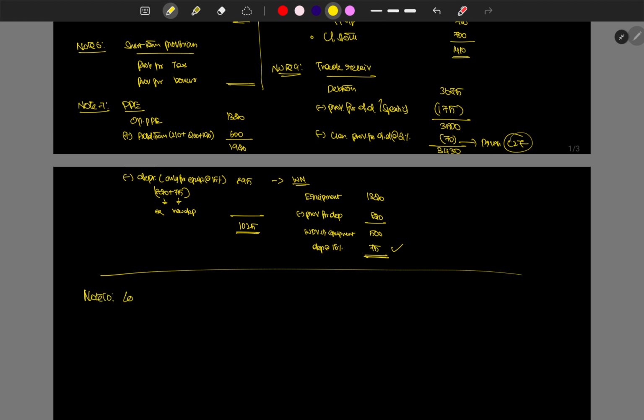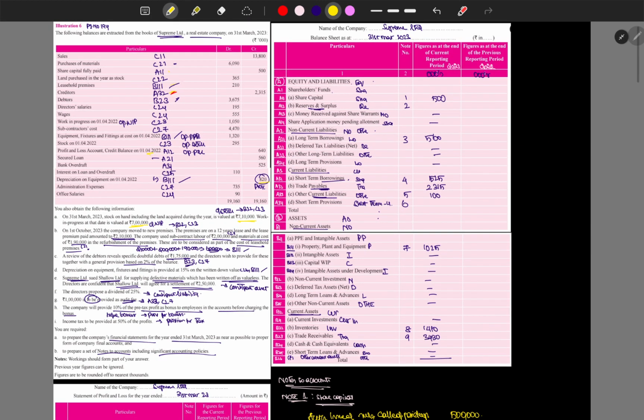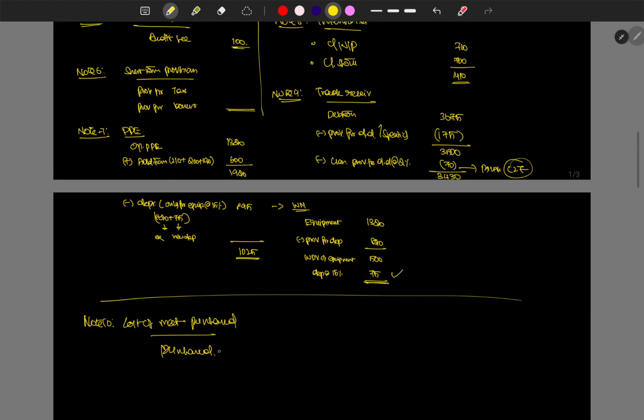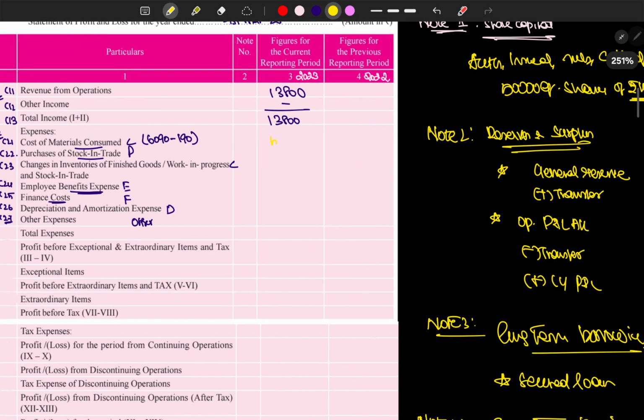Note 10, which is cost of material purchased, which is purchase of material, 6,90,000. Then minus capitalized material, which is 1,90,000. So 5,900 is the total.